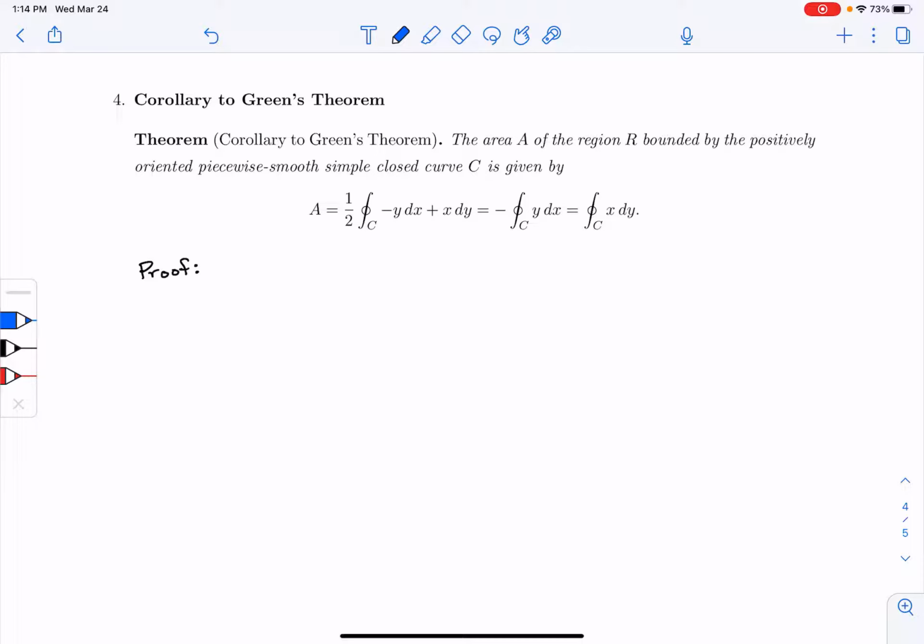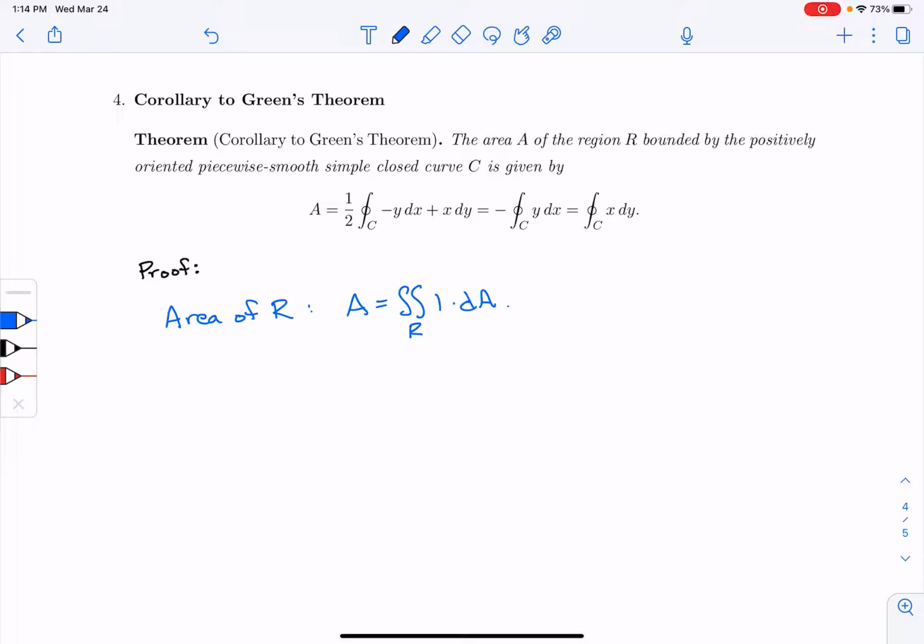So here, I want to remark that the area of the region R should be that A is equal to a double integral over that region of just 1 dA.